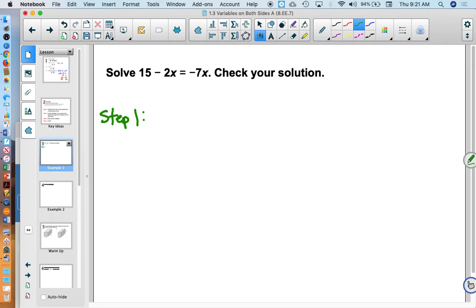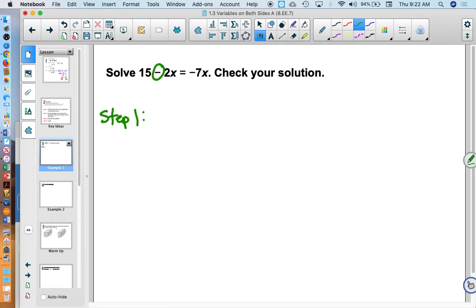How would I do it? How am I going to do it, Caden? Would you divide it by -2x? Nope, it's not division. What property is this right here? Subtraction. What is the inverse operation to subtraction?